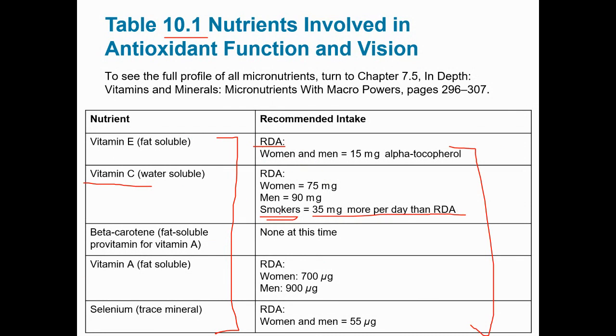And that's because we know that smoking is so damaging to the lungs by way of free radical damage. And then beta carotene, we don't have dietary reference intake values for phytonutrients at this time. So beta carotene does not have an RDA at this time.